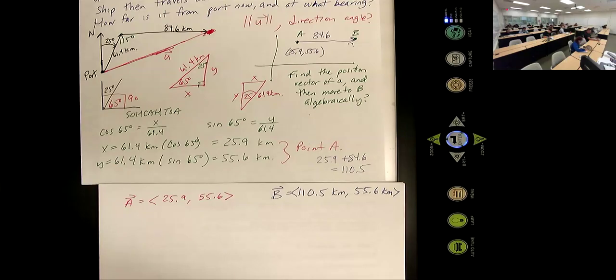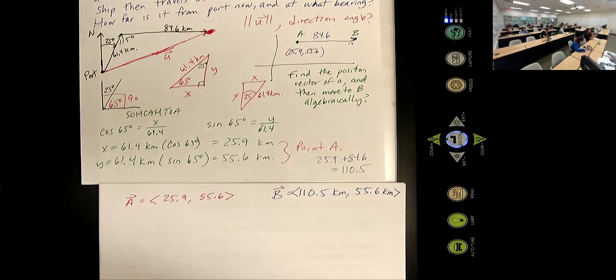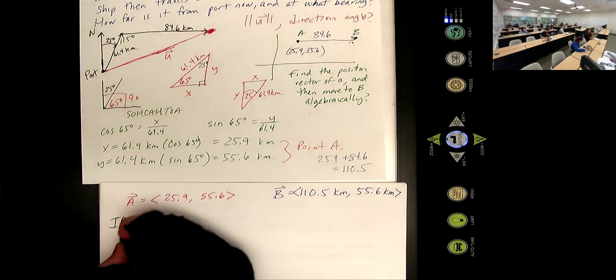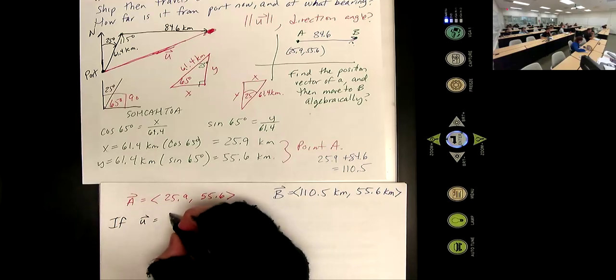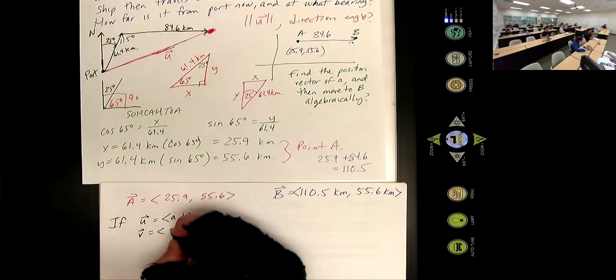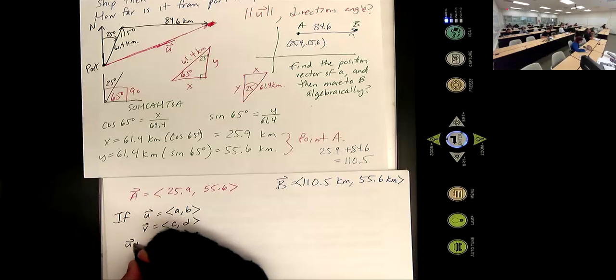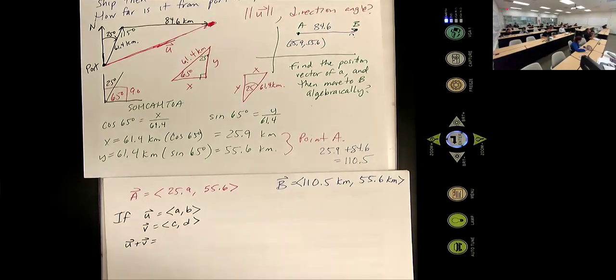This shows us something. We did it algebraically, using the points on the graph, but if vector u is AB and v is CD, then u plus v, we just add the x components.